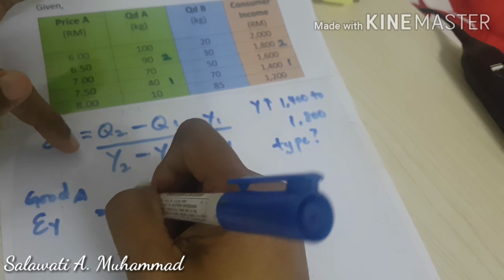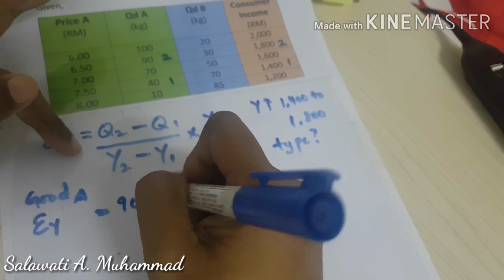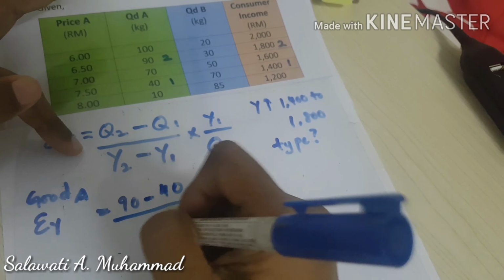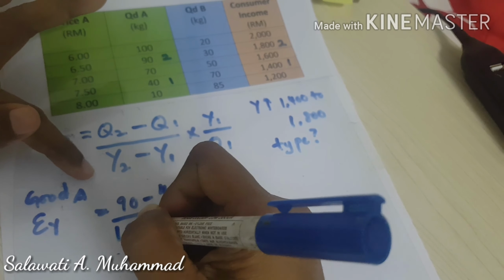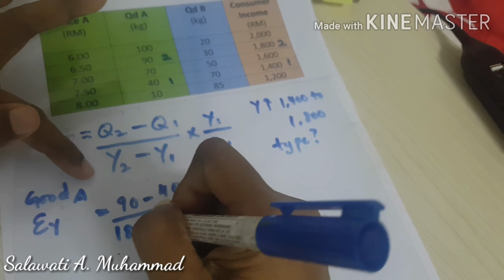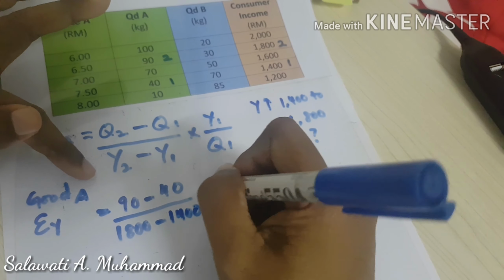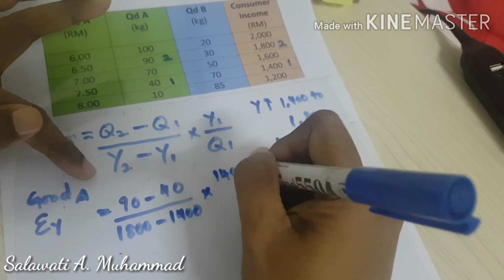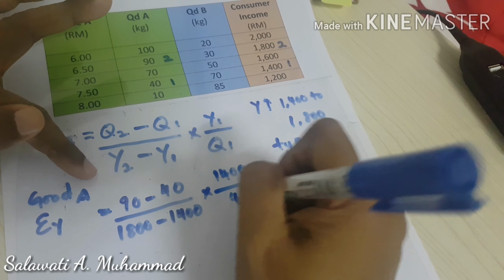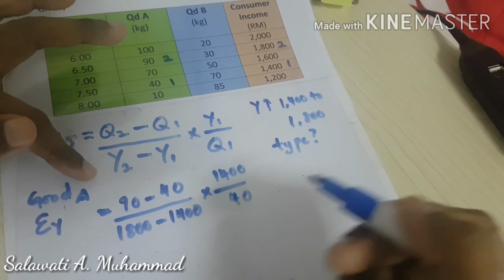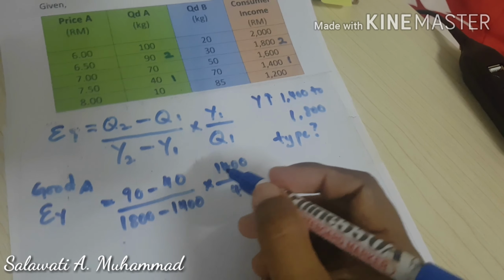Alright, replace in our formula. Q2 is 90 minus Q1 is 40, divided by Y2, 1,800, subtract with 1,400, times 1,400 divided by 40. Okay, so solve for A first.